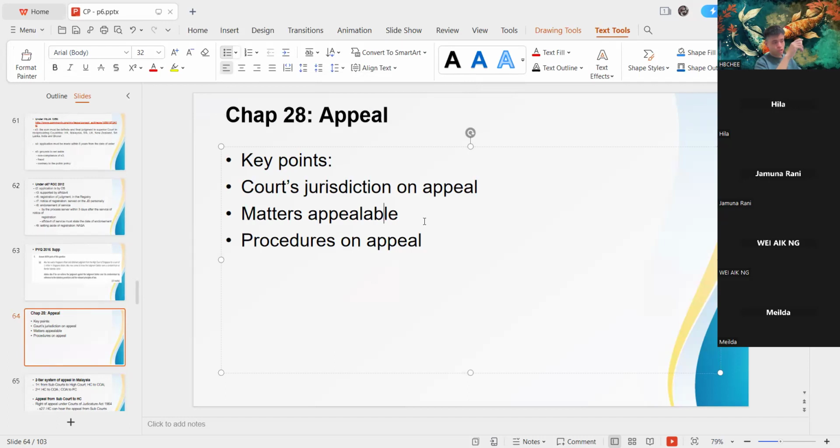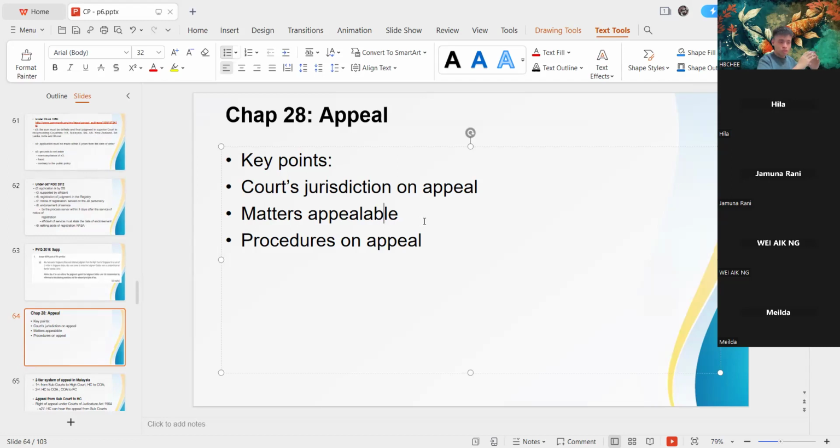First, if your matter originated in the sub-courts, first appeal to the High Court, second appeal to the Court of Appeal. The second type is if you originated the case in the High Court, then to the Court of Appeal, and further to the Federal Court.